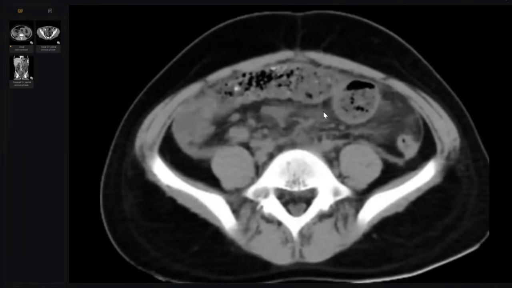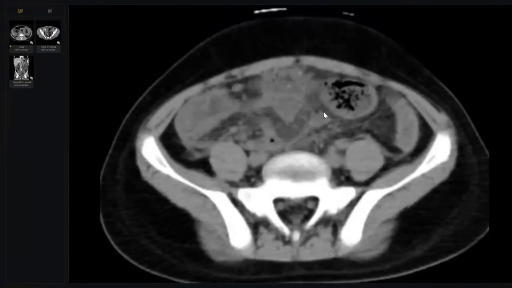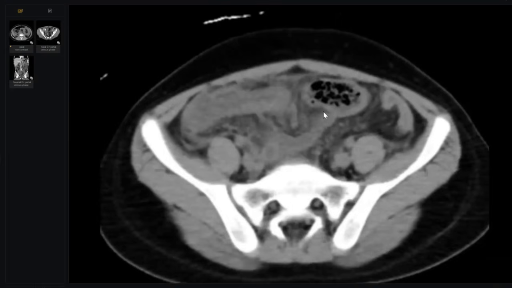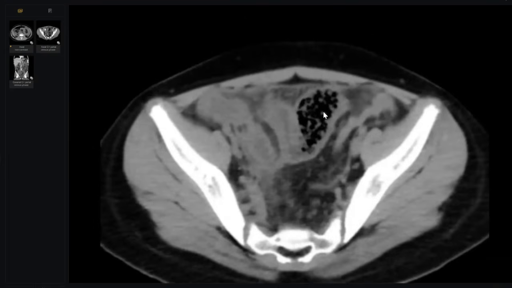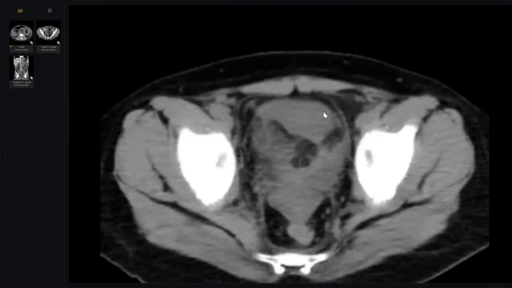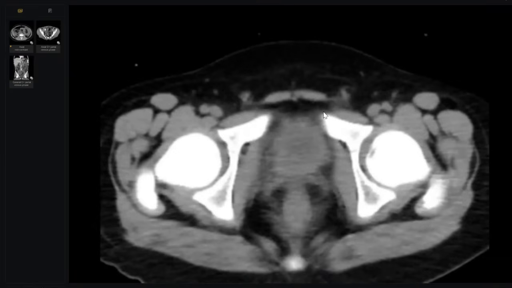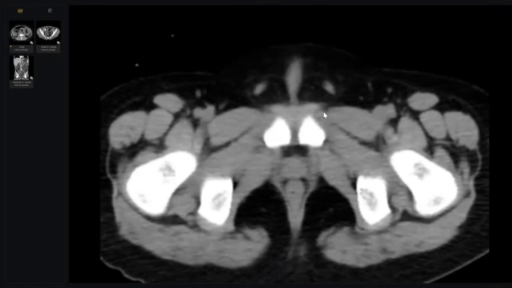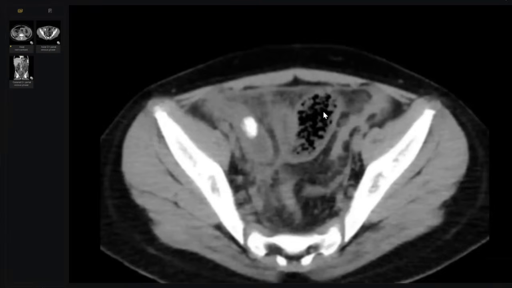Yes, sir, a bit down. More down, sir. Here, sir, I can see that there is a blind-ended tubular structure within the pelvis with thick walls, and it has internal echogenic, hyperdense foci.